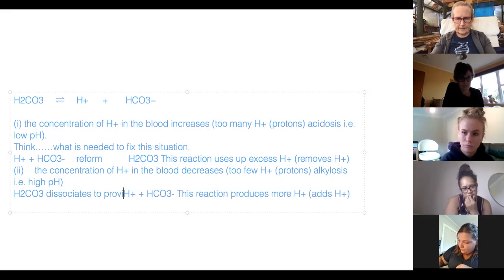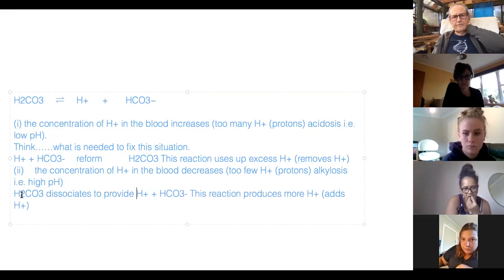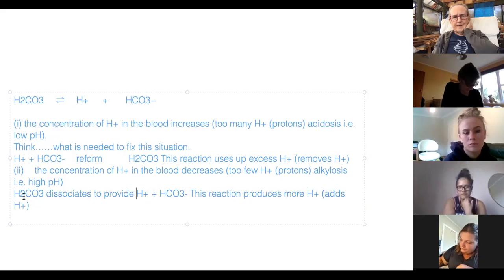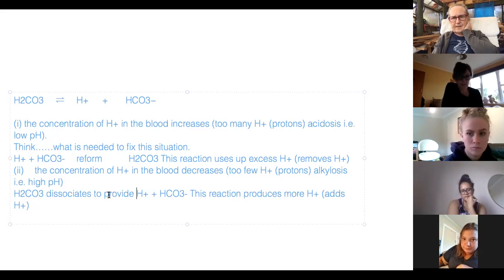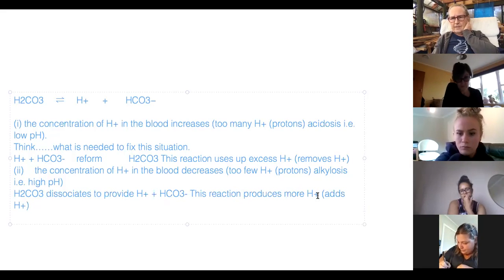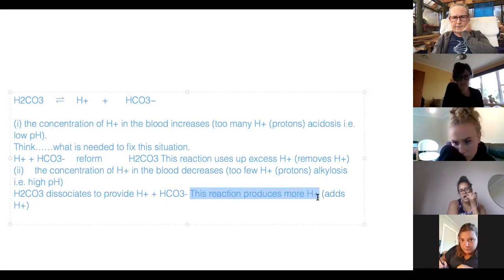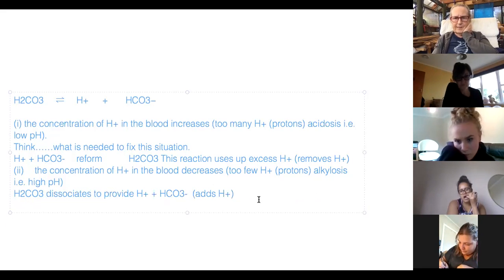What dissociates? Okay. If the carbonic acid dissociates to provide more H+ and more bicarbonate ion, so this reaction produces more H+. So we're adding H+ to the situation.